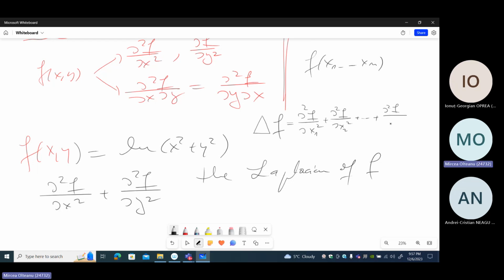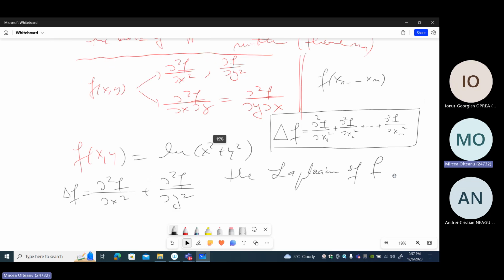That's a definition. The Laplacian plays an important role in calculus, but for the moment we need to know what it means and how to compute it. For a function of two variables, the Laplacian equals this expression. Okay, and we want to compute it.